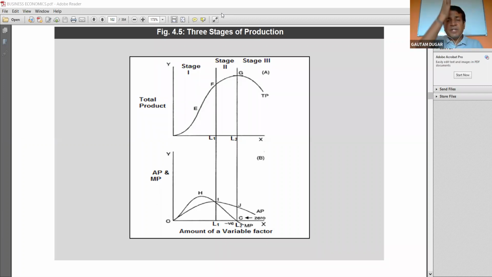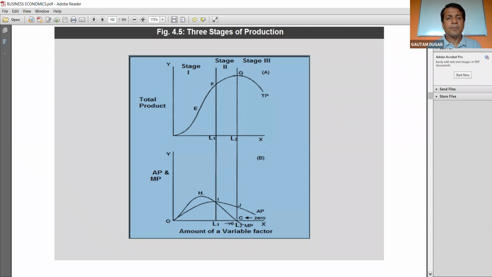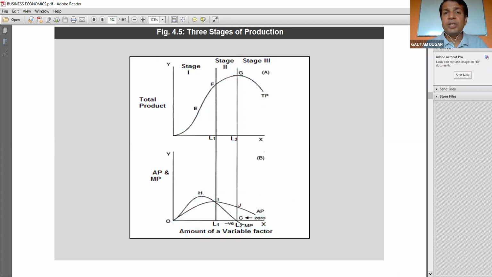At that L1, we have a straight line drawn. That straight line shows that, in the upper panel, you have written stage one. The first stage is the stage of increasing returns. The stage of increasing returns ends over there. Now, the MP, marginal product, in the lower panel is highest at the point H. That point is called the point of inflection.